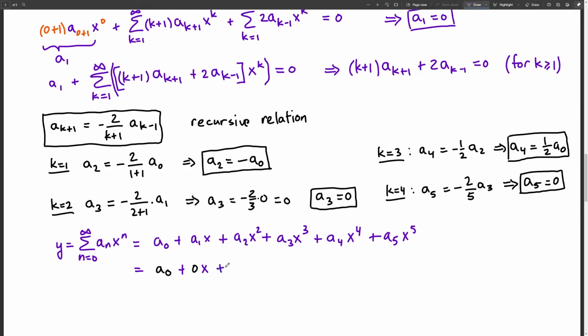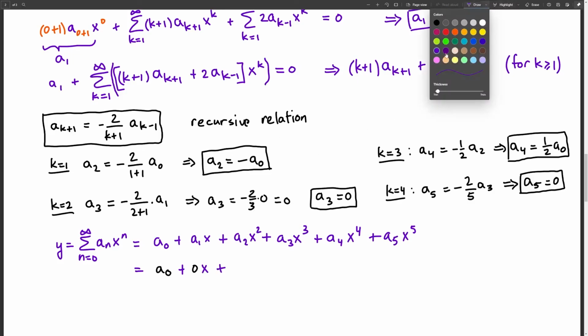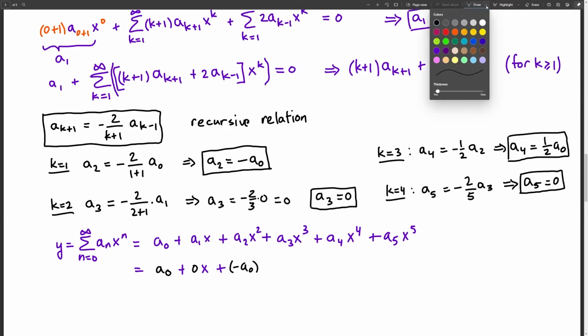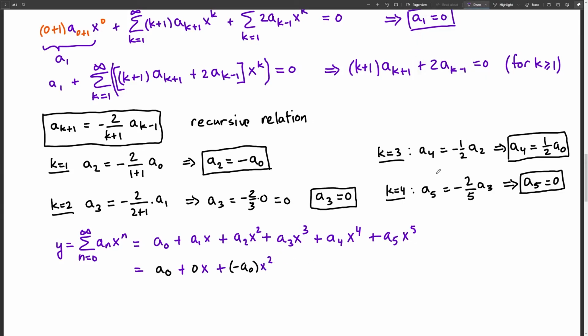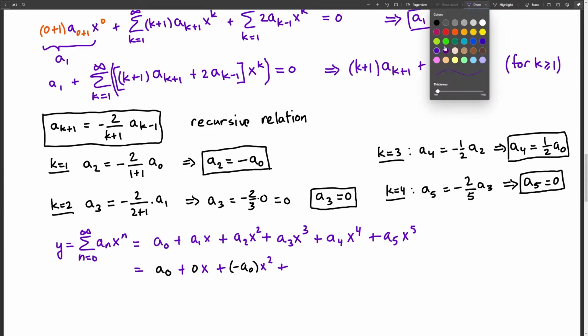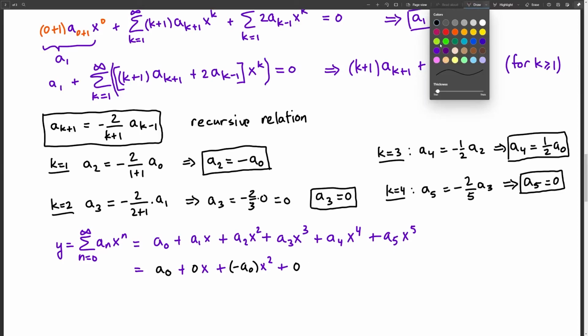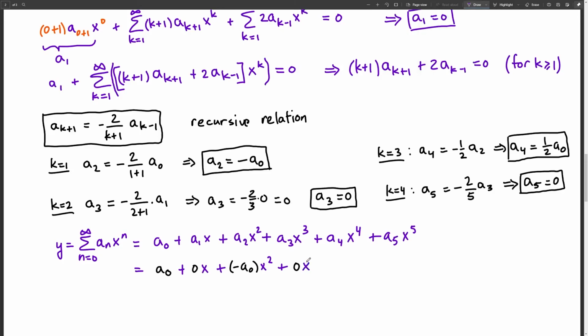And then plus a2 was negative a0, so we can write negative a0 times x squared. And then a3 was 0 again, so we have plus 0 times x cubed. And then a4 was 1/2 a0.